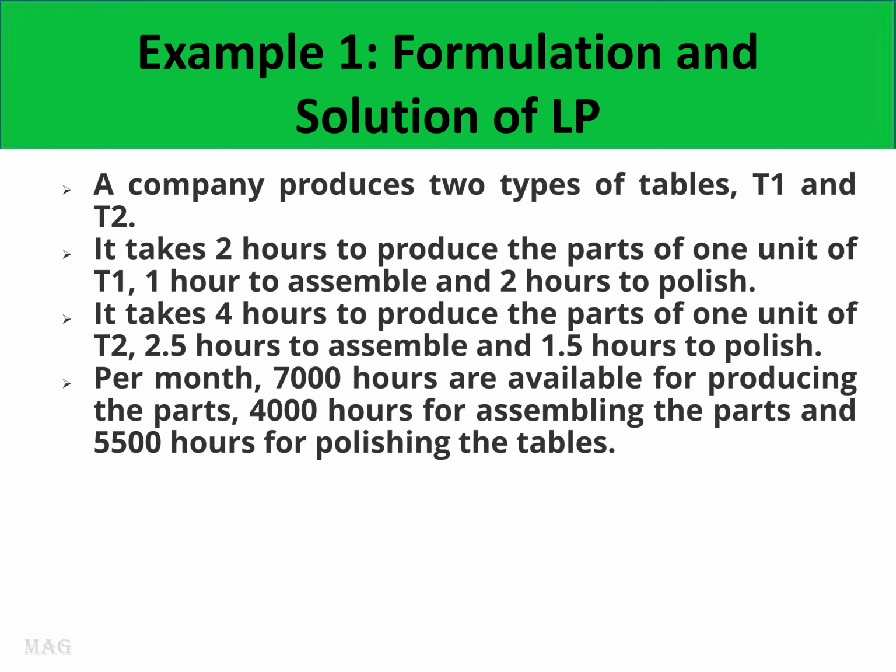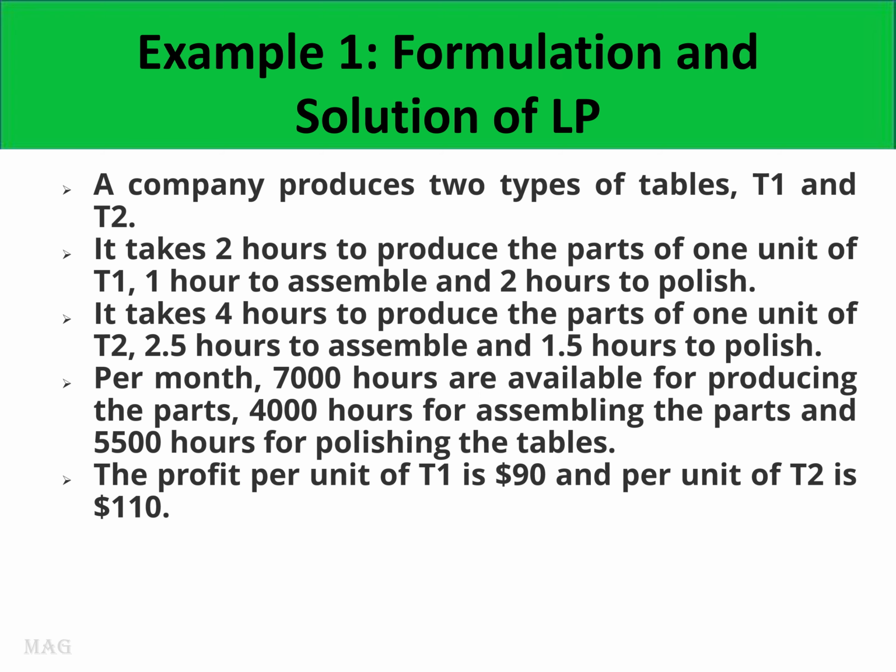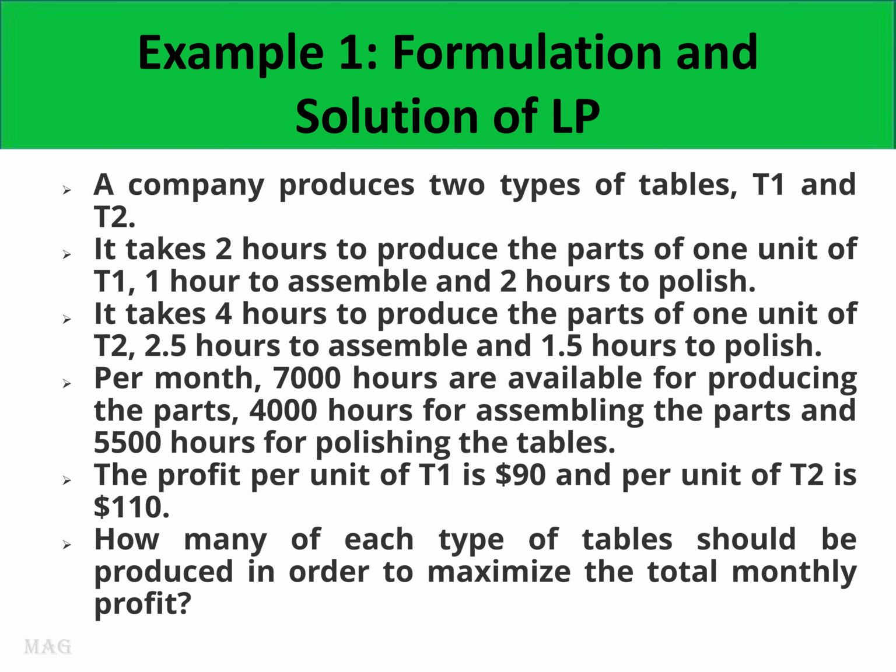Per month, 7,000 hours are available for producing the parts, 4,000 hours for assembling the parts, and 5,500 hours for polishing the tables. The profit per unit of T1 is $90 and per unit of T2 is $110. How many of each type of tables should be produced in order to maximize the total monthly profit?